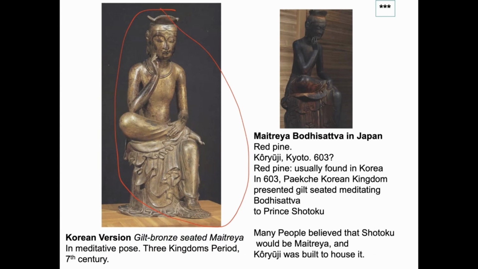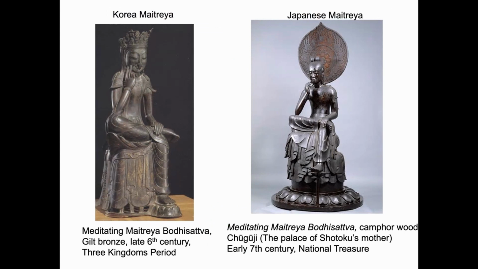In Japan, they have an almost identical shape of Maitreya bodhisattva, but the one in Japan is made of red pine. And it is dated to 603. But remarkably the same in terms of iconography, right? So you can see ongoing cultural exchange between Baekje and Japan.